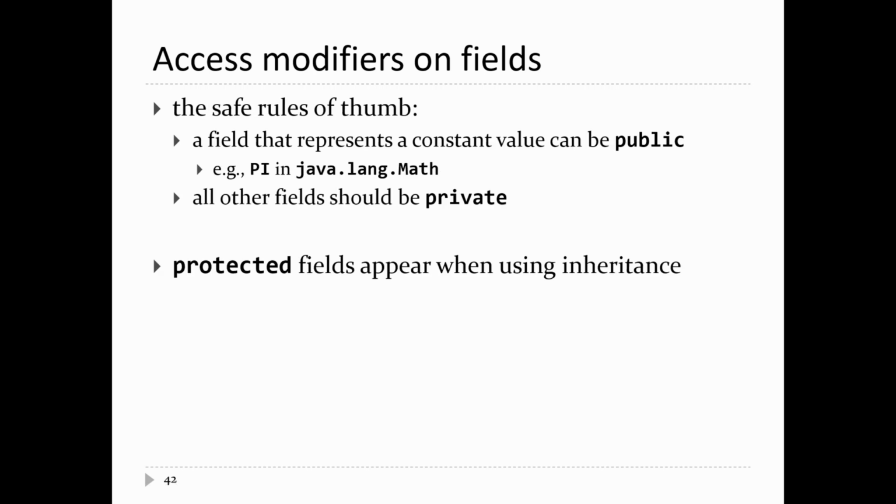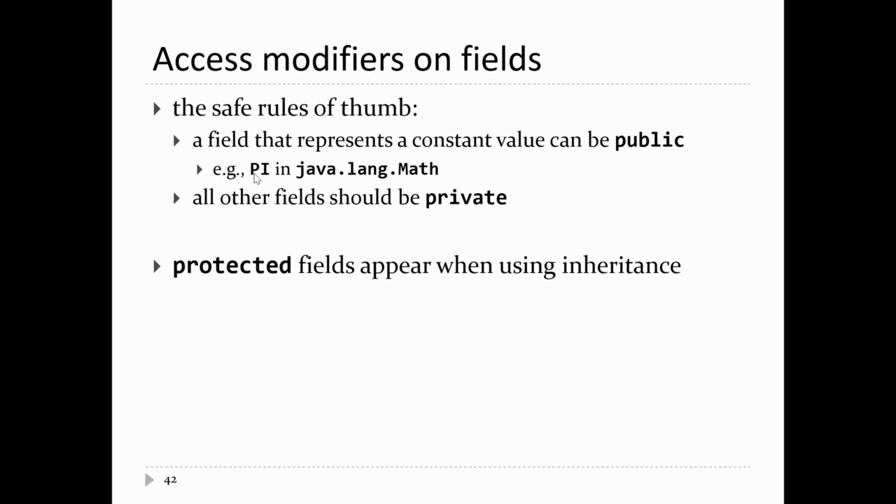Okay, access modifiers on fields. So the safe rule of thumb: if your class defines a value that is a constant, and you want everybody to be able to use that constant, you should make it public. It's constant, so you don't worry about the value ever changing. For example, java.lang.Math has a constant called PI.